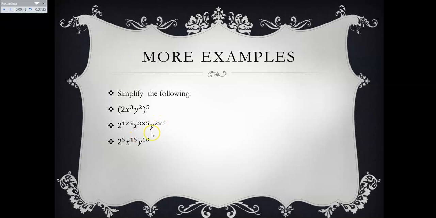And that's 2 times 5, so that's y to the 10th power. Now the question says that we should simplify, so we should go ahead and find the value of the coefficient right here. So 2 to the 5th power is 2 times 2 times 2 times 2 times 2, 5 times. So that's 32. So our final answer would be 32x to the 15th power times y to the 10th power.